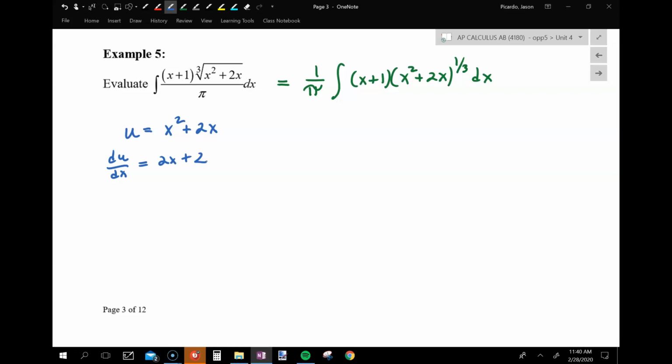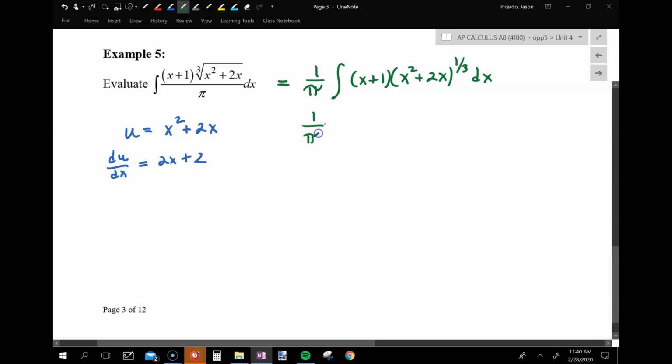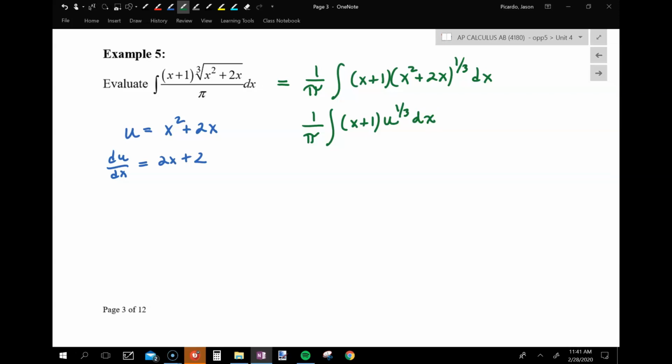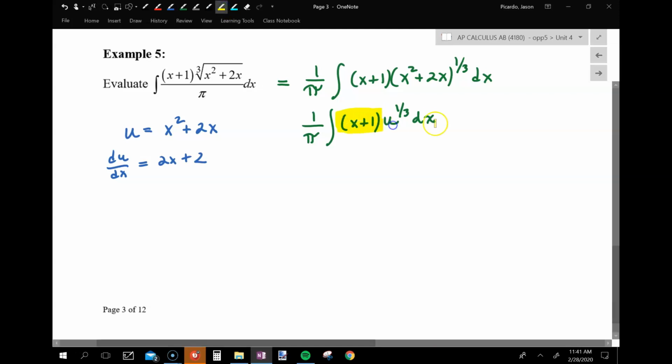All right, you guys want to at least make a substitution here to get going, and then we'll see what we've got to adjust. All right, so my question is, what stuff do I want to remove from my integral so I can take my integral? The x plus 1 and the dx, right? I don't want those to be there. So how do I get this to say that?